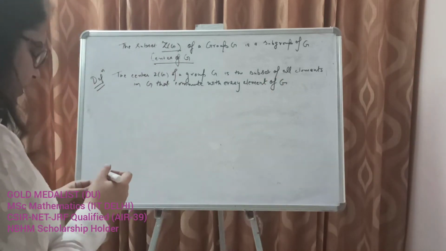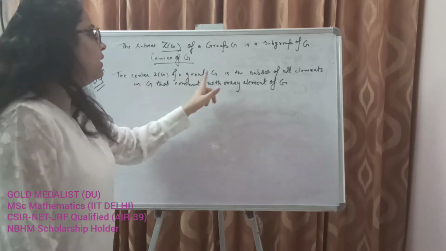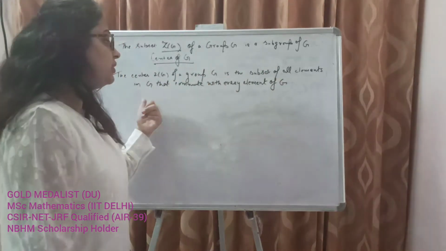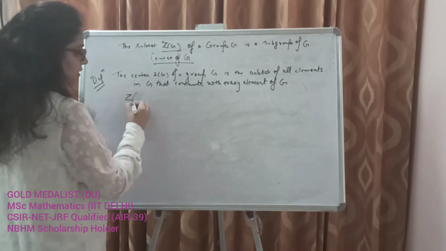So the subset Z(G) of a group G is a subgroup of G. The center of a group is defined as the set of all elements in G that commute with every element of G, right? So let us write Z(G).